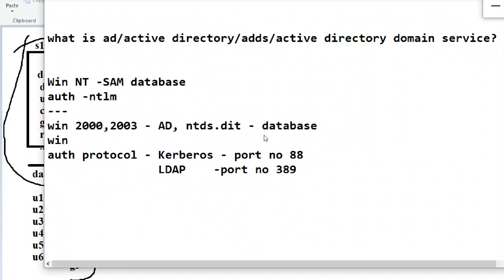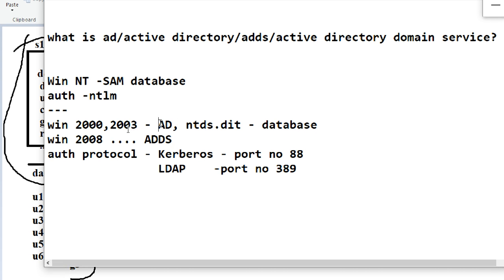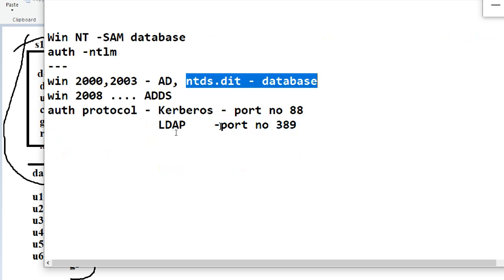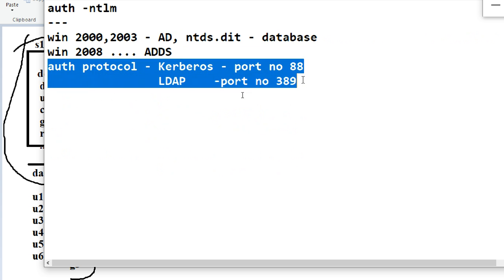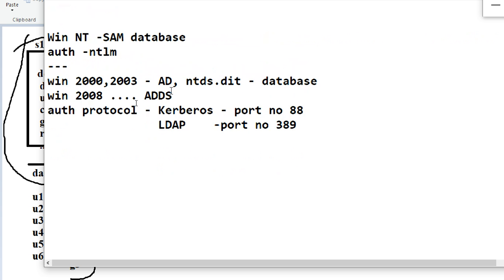Of course, from Windows 2008 onwards the service we call ADDS. So in 2003, the service we call Active Directory. From 2008 onwards, Active Directory Domain Services. The database name is ntds.dit, and the authentication protocol is like this.